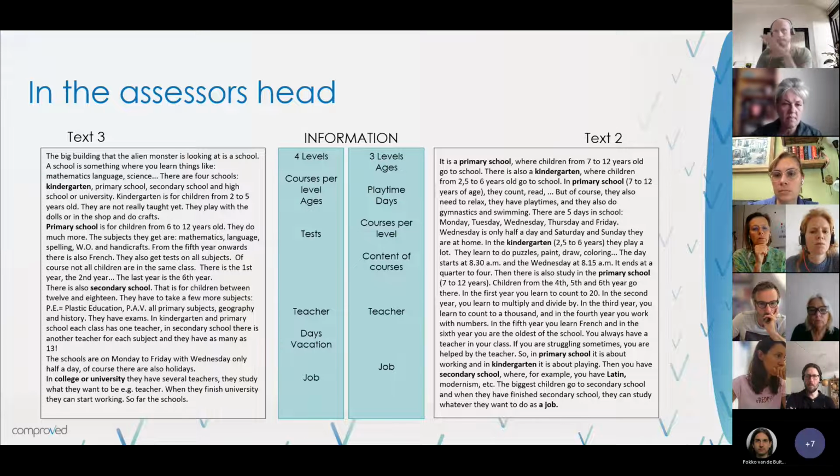So in the left-hand side, text 3, there is more structure. If I'm interested in secondary school, I don't have to read the whole text again to find out where it talks about secondary school, I can just pop into that alinea. So it's more clear and consistent for me. So based on this, I will prefer text 3.